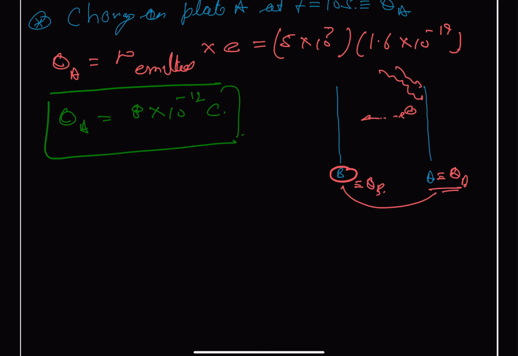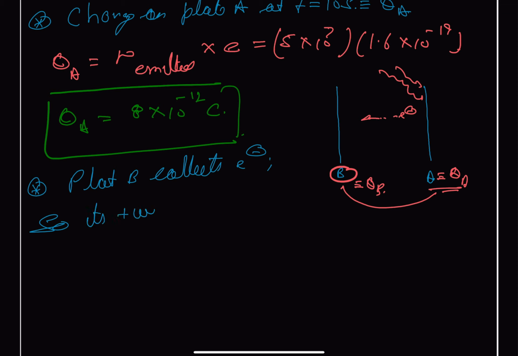So we can write that plate B collects electrons, so its positive charge decreases.